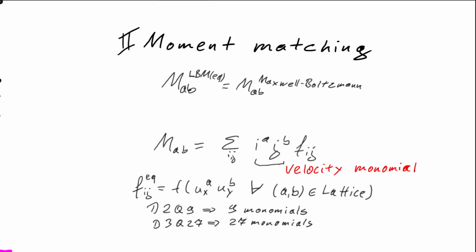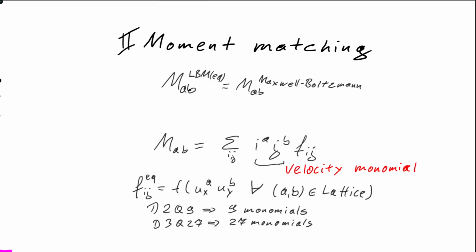What we do in moment matching is say that the moments of the lattice Boltzmann method that we are taking in equilibrium should be the same as the Maxwell-Boltzmann equilibrium. And the moments are of course defined as a monomial in velocity multiplied with f, and this summed over all the velocity directions.